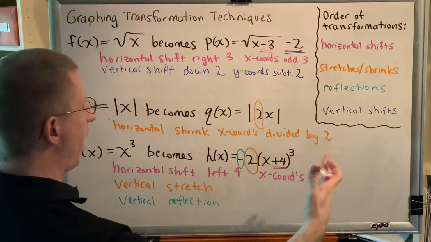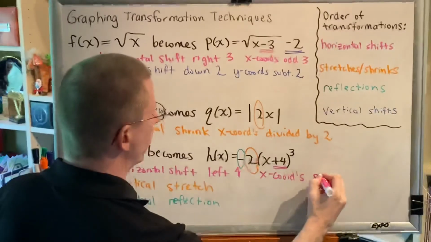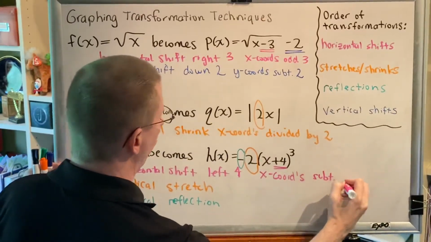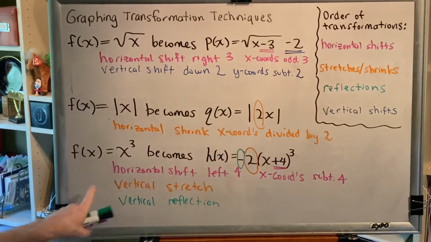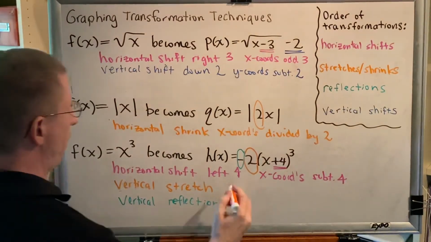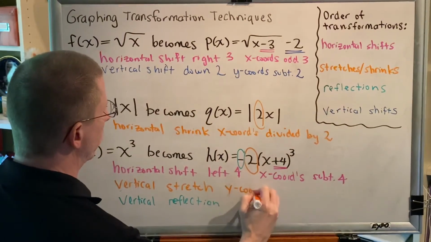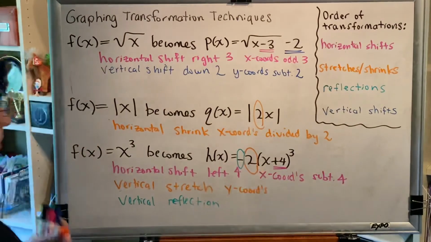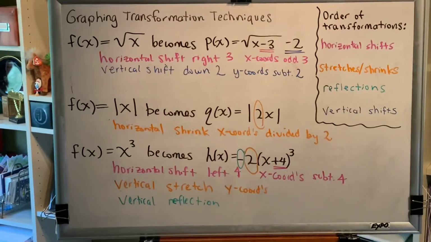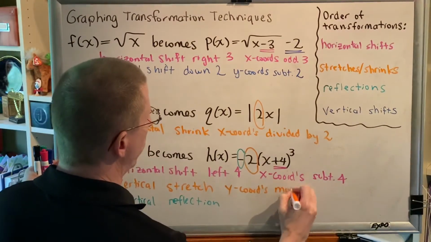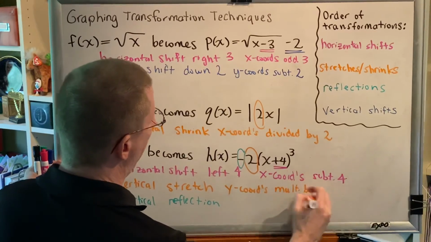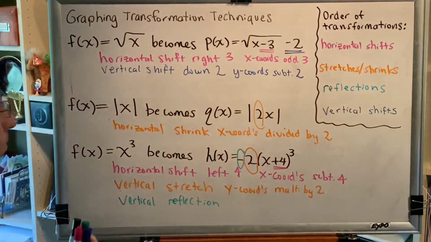And if we're going to the left, that means we're getting smaller, so we're going to subtract 4. Okay, next, vertical stretch. Well, it's vertical, so that affects Y coordinates. So with vertical stretch or shrink, it's the Y's that are multiplied by something. So Y coordinates are multiplied by, in this case, 2.